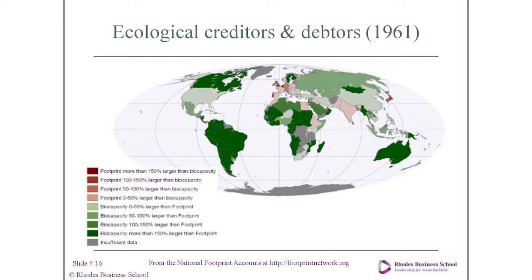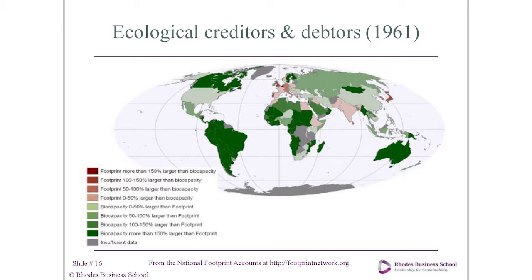Their footprint is larger than their capacity. We can see there all the green countries, with different shades of green indicating the different levels of capacity higher than the footprint. All the countries shaded in pink or red indicate that your footprint is larger than your capacity. In simple terms, you are using more resources than your country can produce.